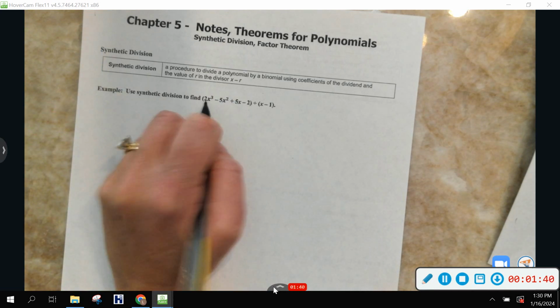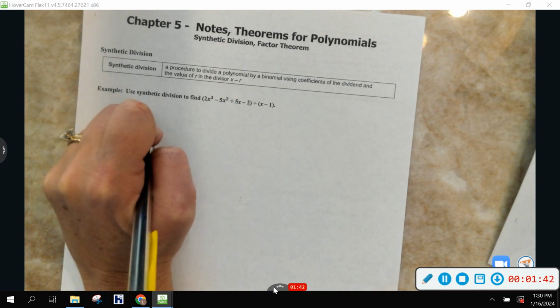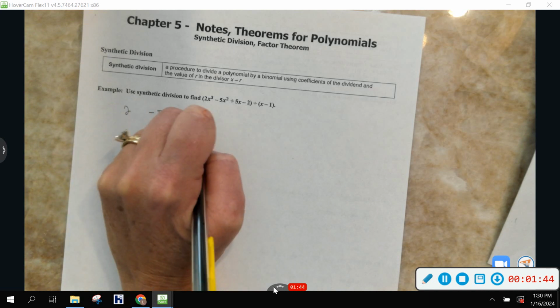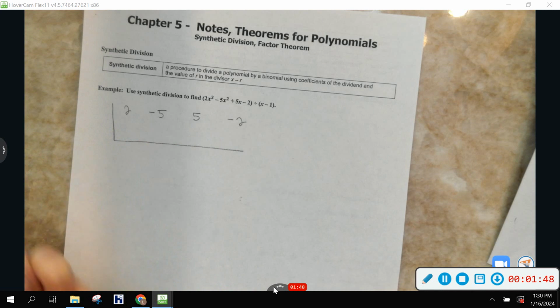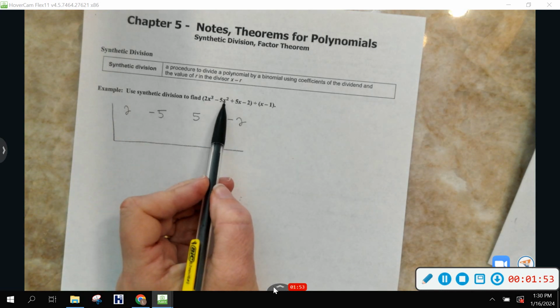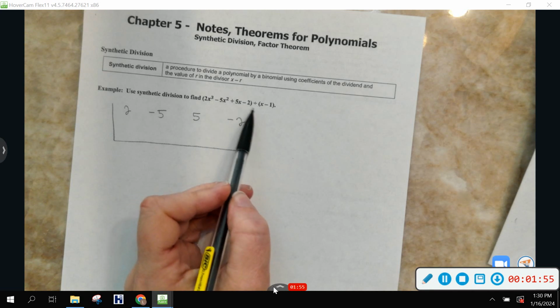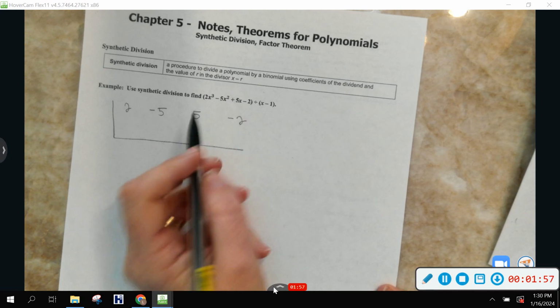If I look at my coefficients, we're going to take a 2, a negative 5, a positive 5, and a negative 2. And I'm going to draw this big L. If I was missing a degree, missing a placeholder in descending order, then I'd have to fill in a 0.